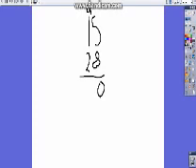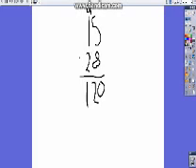Now you would multiply 8 times 1 and then you would add 4. Wait, no, forget what I just said. So if you did that, you'd get 8 times 1 is 8, and then plus 4 is 12. So you'd write down 12 here.